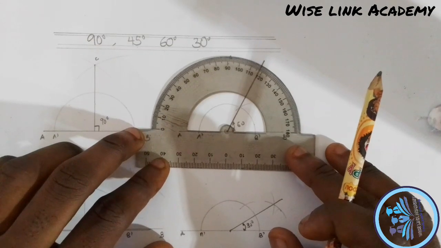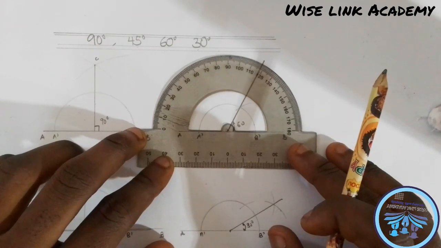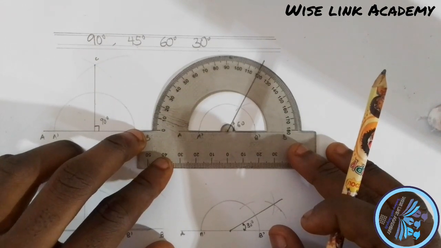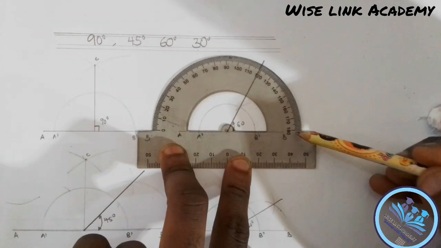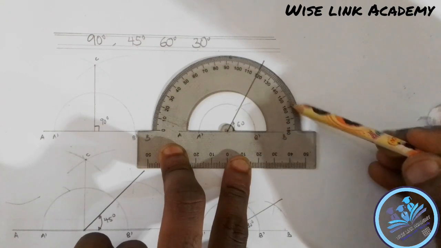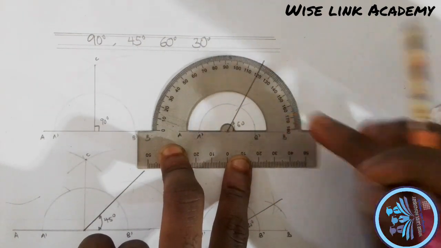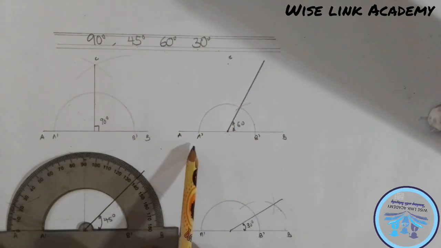So take it this way. As you can see, this is 0, this is 0, 10, 20, 30, 40, 50, 60. You can see it's touching my point 60.